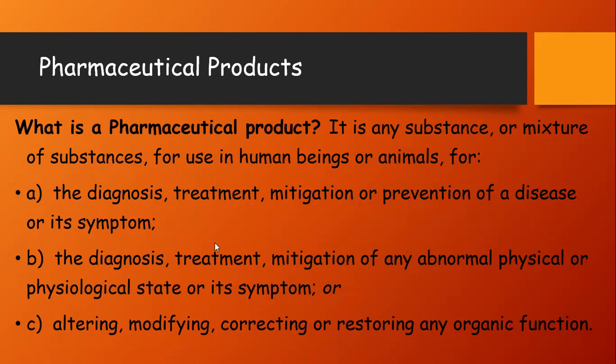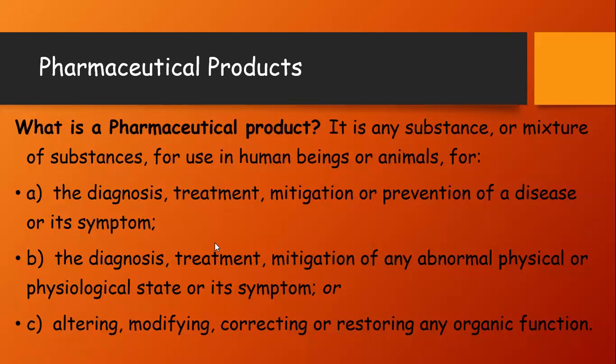or symptom. When we say mitigation, we try to manage or prevent a disease or symptoms, or for diagnosis and treatment of any abnormal physical or physiological states or symptoms, or for altering, modifying, correcting or restoring organic function. Basically, pharmaceutical products are meant for human and animal use.